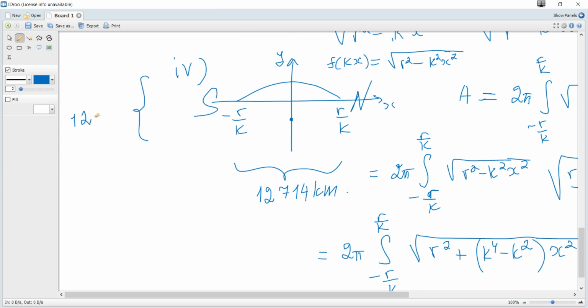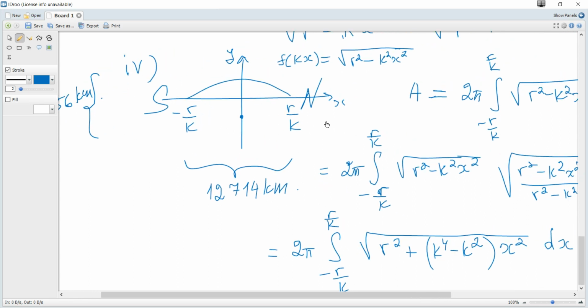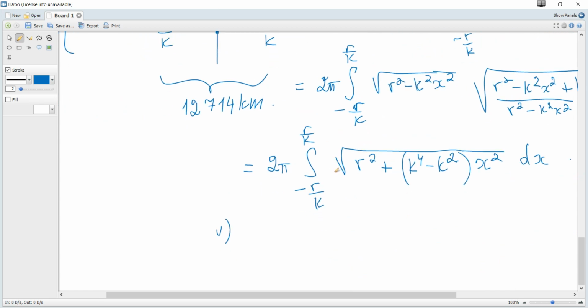It's 12,756 kilometers. And by choosing suitable values for r and k, find the surface area of Earth in kilometers squared, correct to 4 significant figures. Give your answer in the form a times 10 to the power of q, where a is greater than or equal to 1 and less than 10, and q is a positive integer.